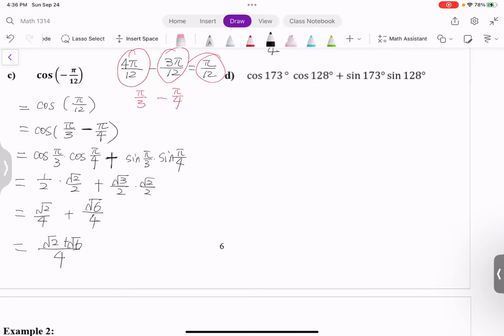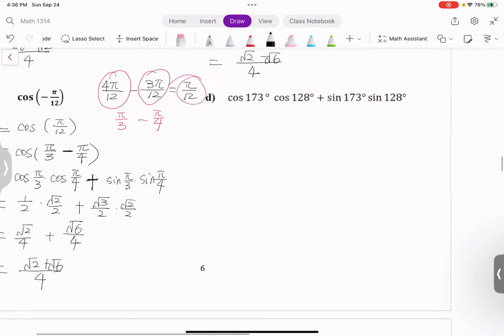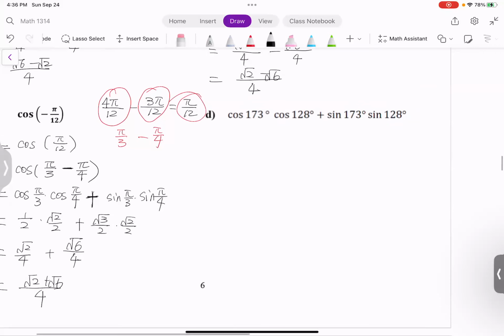How about number D? Cosine 173 degrees times cosine 128 degrees plus sine 173 degrees times sine 128 degrees. These two angles are not special angles. How to find the value of this? Let me give you a hint. Do you think we have met this one before?